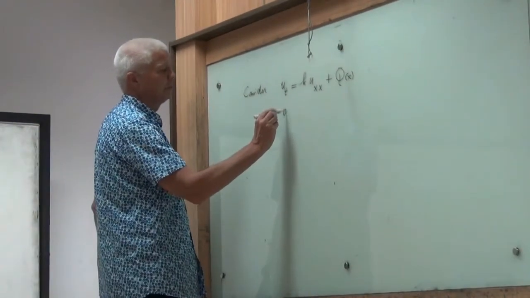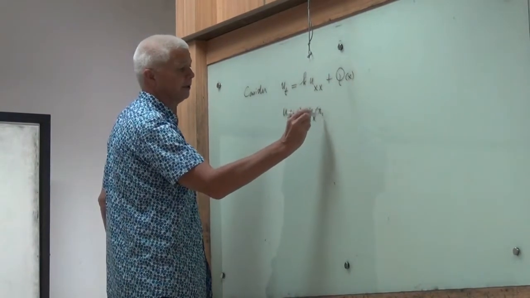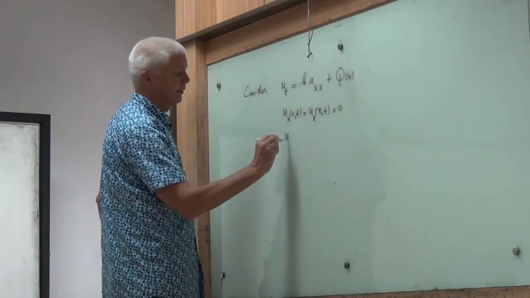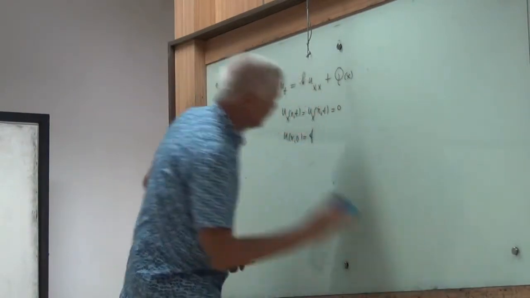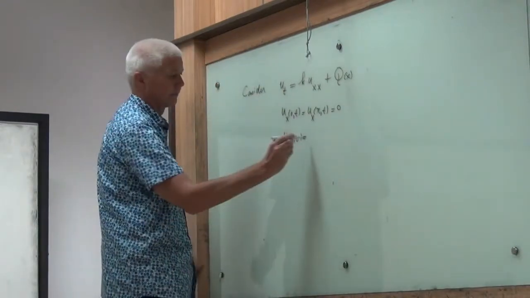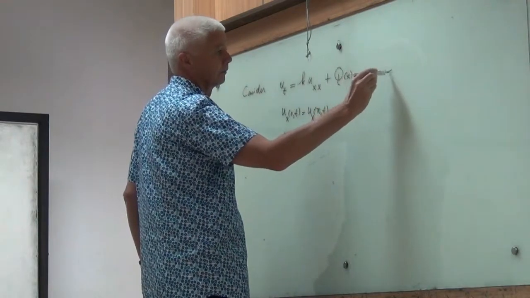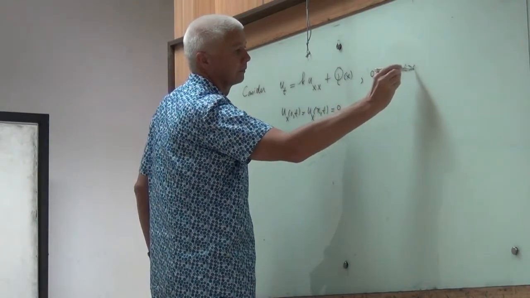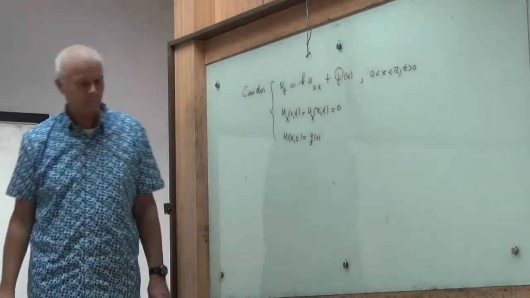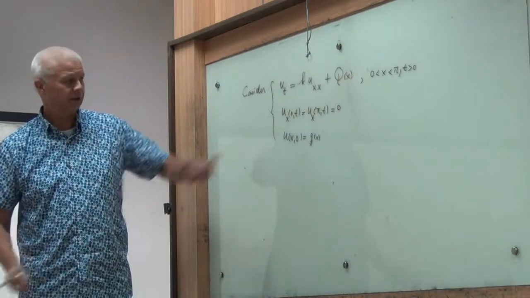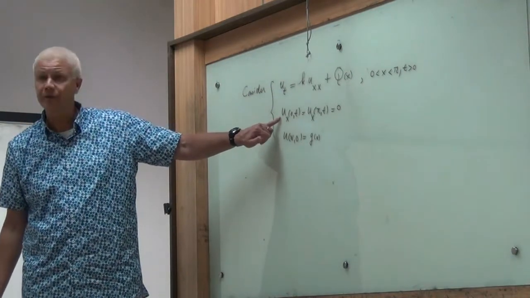And let's consider the boundary conditions u_x(0,t) = u_x(pi,t) = 0, and take as an initial condition, well, not f, let's take a g over here. Consider this problem. Yesterday I considered this problem, but only with Dirichlet conditions. Here I have Neumann conditions.